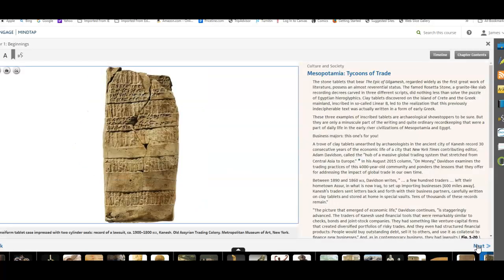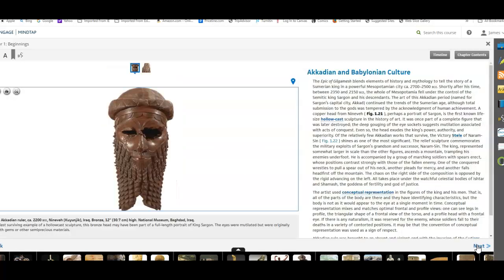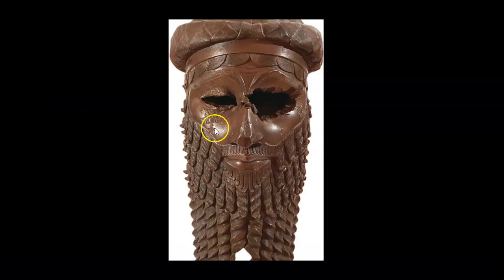Again, Mesopotamia became a really big part of trade using the rivers. You have then the rise of the Akkadian culture, Babylonian culture. This is, again, a bronze mask. It has been damaged over the years, as you might expect. But you see the intricacies, the detailing that is formed of this casting here, the way the appearance is.